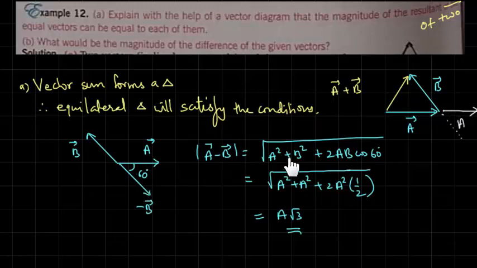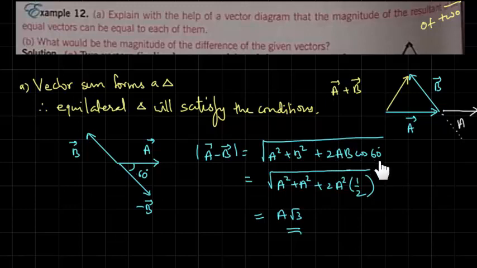So what will be the magnitude? Square root of a square plus b square plus 2ab cos 60 degrees comes out to be a root 3. Here, when we were doing the a vector plus b vector, when the angle between them was 120 degrees, the magnitude was coming to be just a. You can see it from here: it will become a square plus a square plus 2ab cos 120 degrees.